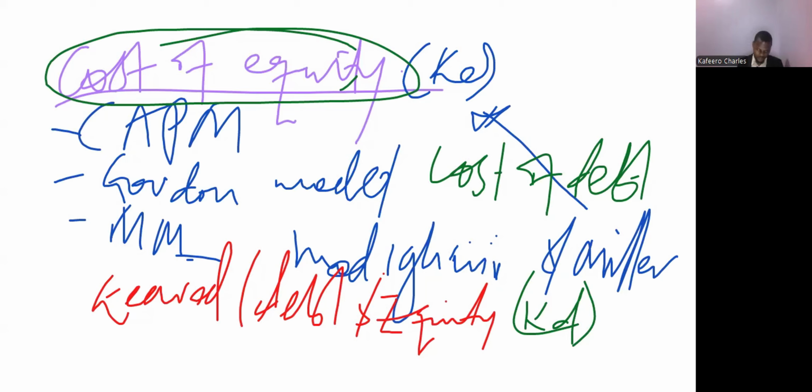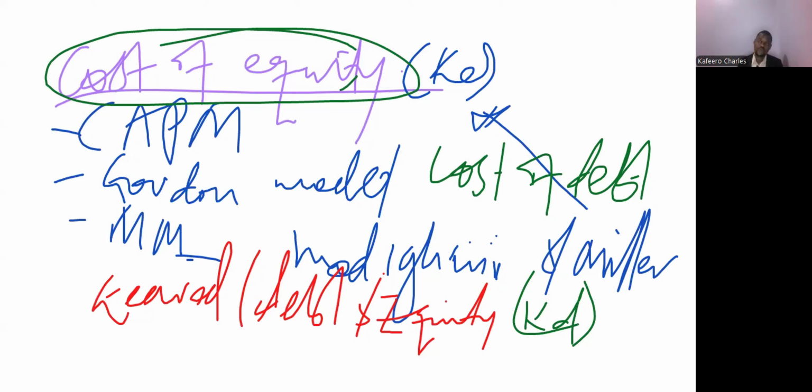The good thing is we have seen the formula for WACC. We need to know how we compute the market values, because they are very useful. We said VE and VD are supposed to be market values when computing WACC.